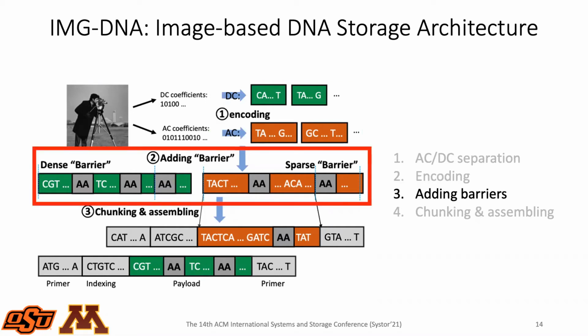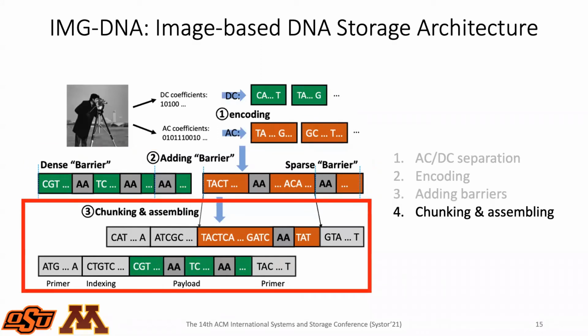Here, we add dense barriers for the DC coefficients and sparse barriers for the AC coefficients. Finally, we chunk the data from a long DNA sequence into short DNA sequences, and also add the primer index and other metadata into the payload to construct the multiple DNA strands.